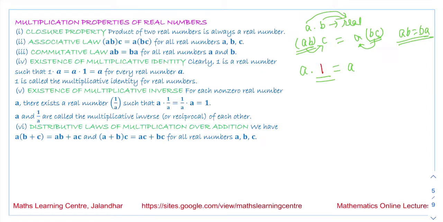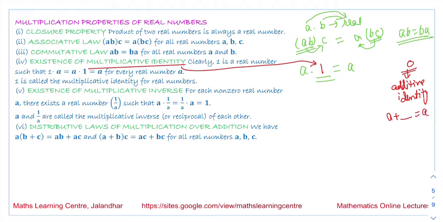So in this case multiplicative identity is 1. Additive identity was 0. 1 is the multiplicative identity. Additive identity means what I add to a so that the answer is a. So what I add to a is 0.